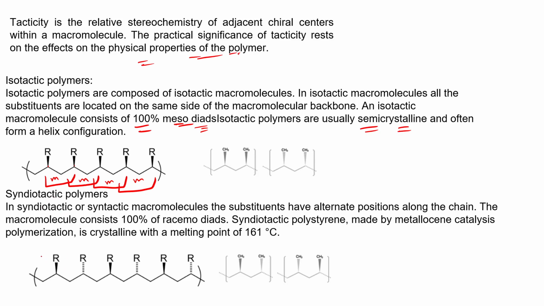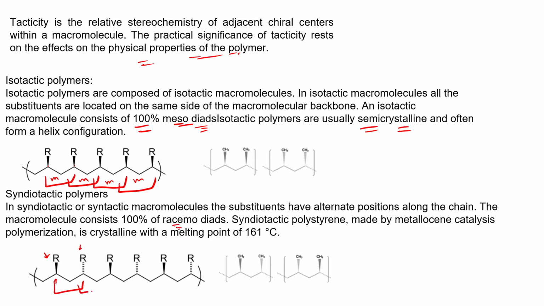For syndiotactic, you are seeing that a racemic type relationship is maintained. Means if one is R, the next is S. This kind of alternate arrangement would be there. So 100% racemic diads.